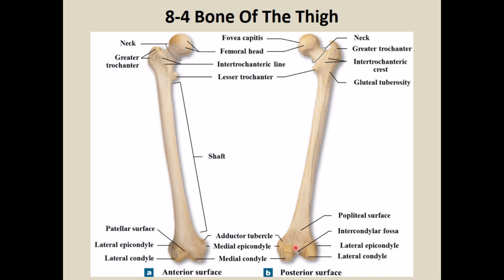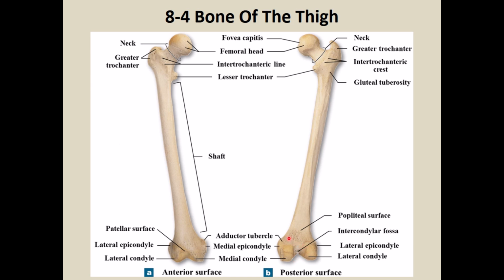You can recognize other structures easily, but the anterior and posterior view is a little bit difficult. Although you have the gluteal tuberosity and intertrochanteric crest posteriorly, the best one to look at is this one. If you want to know which is the anterior or posterior view, first look at this, the intercondylar fossa.